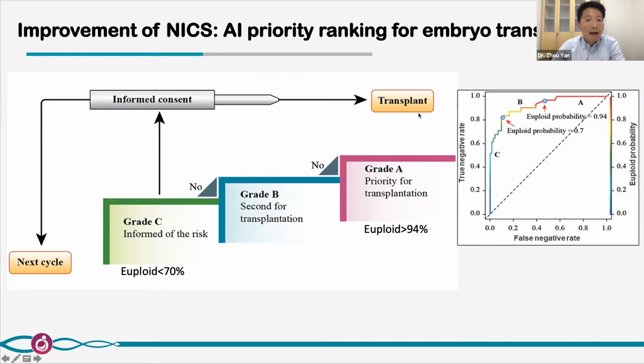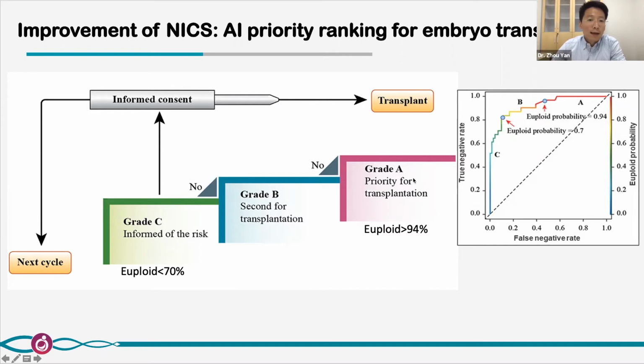We have collected over 300 blastocyst samples that generated both NIPT results and whole blastocyst results to verify the true euploidy probabilities, and using that to give a grade of A, B, and C to our NIPT testing result.